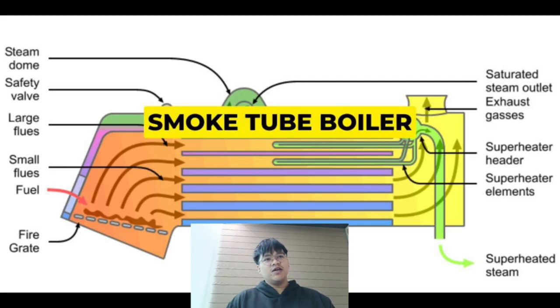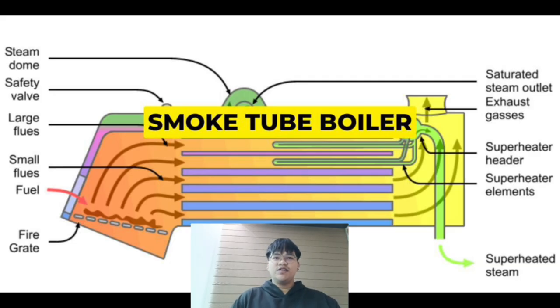This gas plays an important role because it is the main source of heat for the boiler. The furnace then guides these hot gases towards the smoke tube, where the heat is transferred to the surrounding water. This process will eventually generate steam.